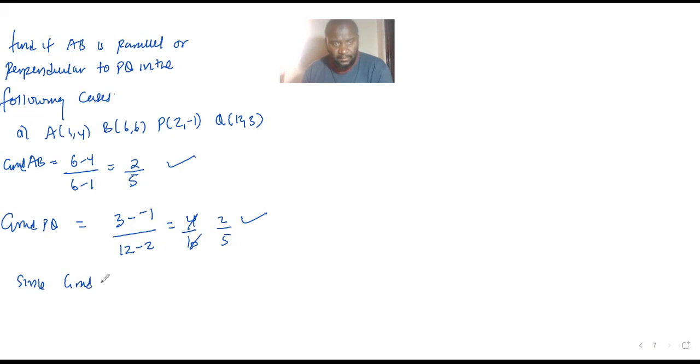Yes, teacher. When the gradients are the same, what is the condition? Are they parallel or are they perpendicular? They are parallel. Then line AB is parallel to PQ.